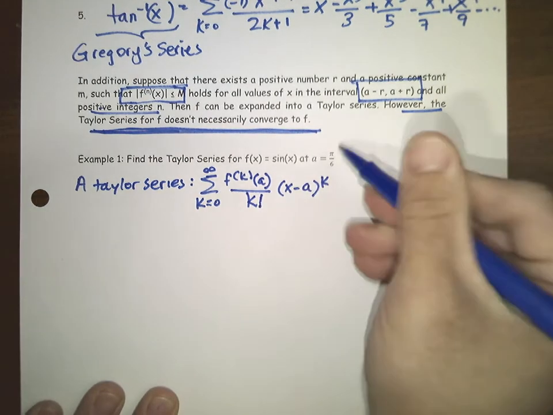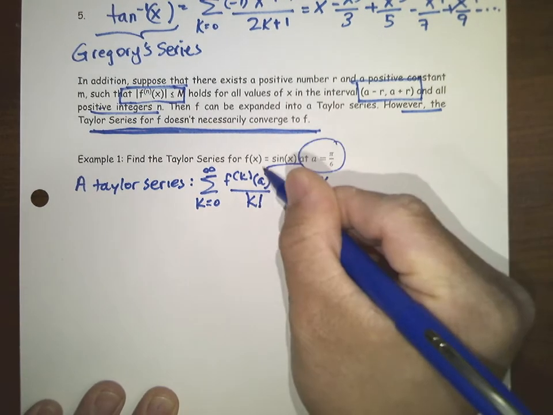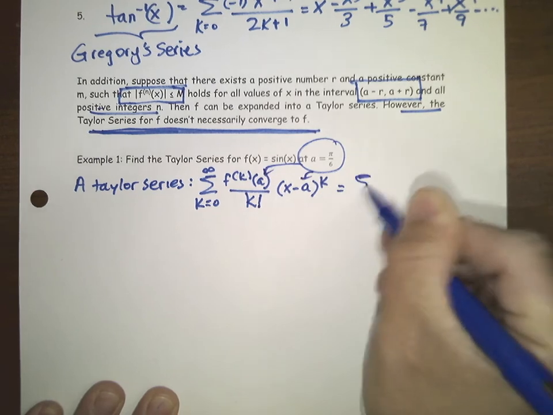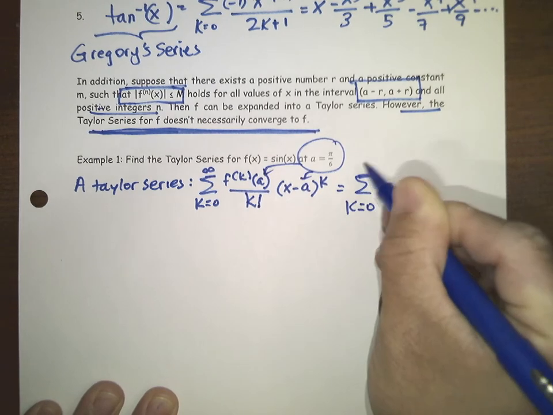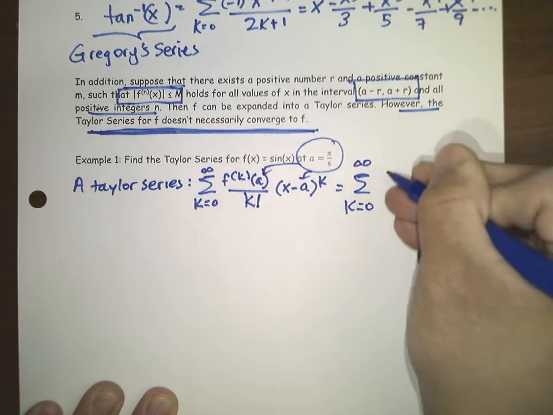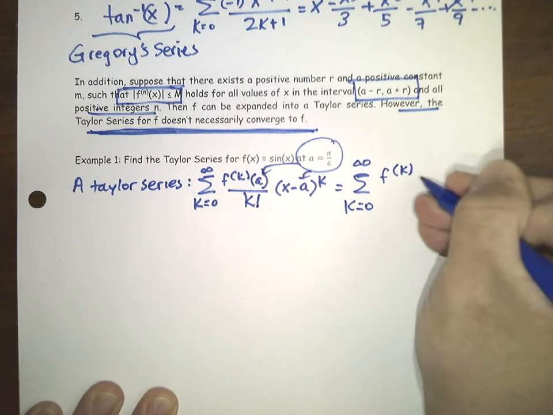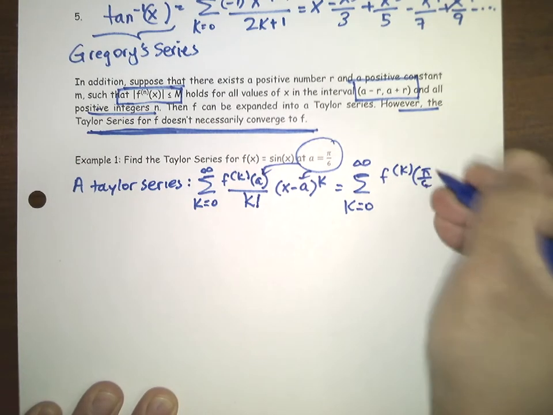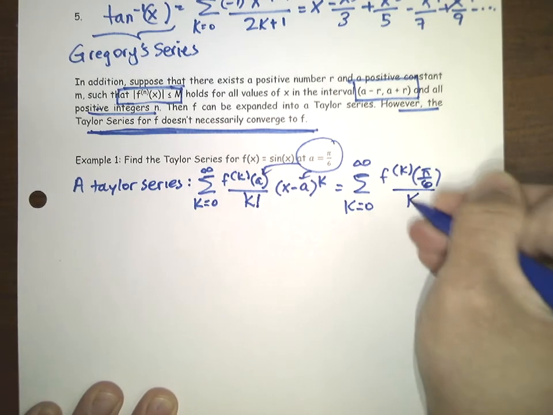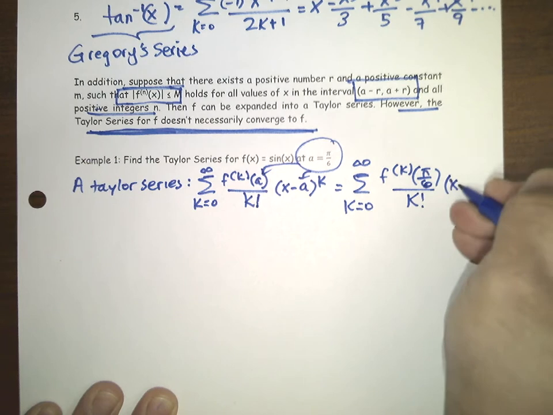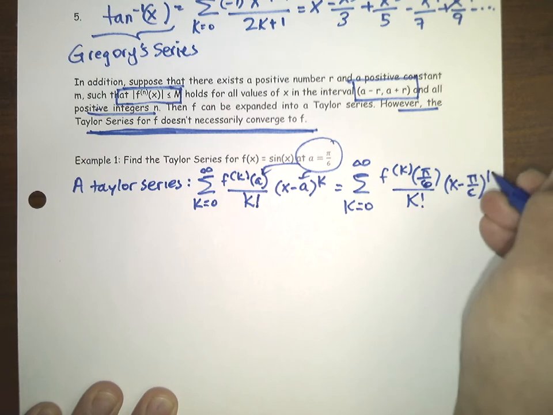So in this case, the a was pi over 6. So we have sum k equals 0 to infinity of the kth derivative evaluated at pi over 6 all over k factorial times x minus pi over 6 to the k power.